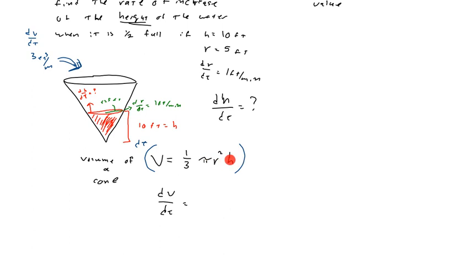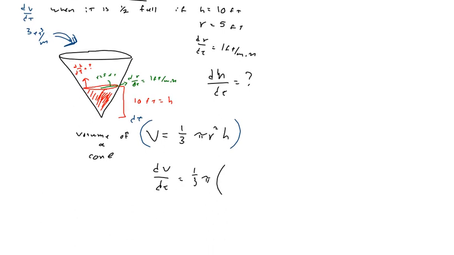That's right, everybody. I need to use the product rule. I need to do derivative of the first times the second plus derivative of the second times the first. So I'm going to do 1/3 pi and then do my product rule for the r and the h.